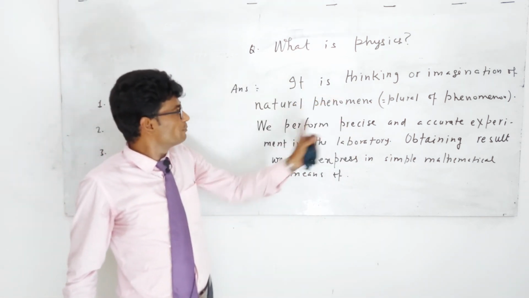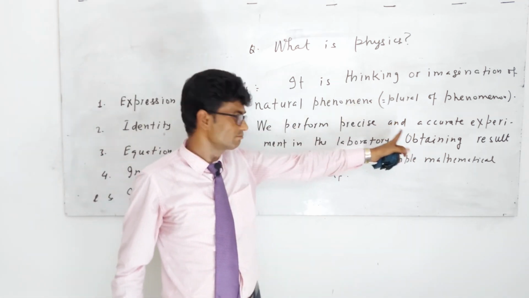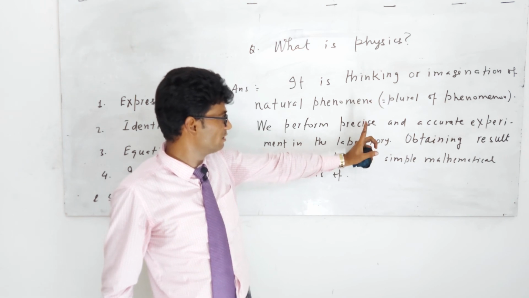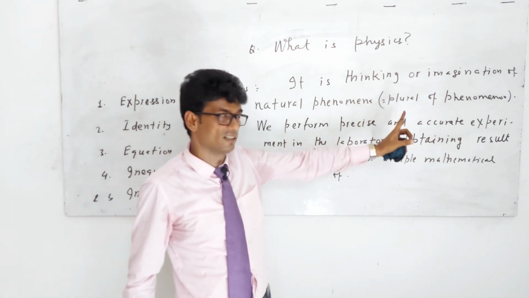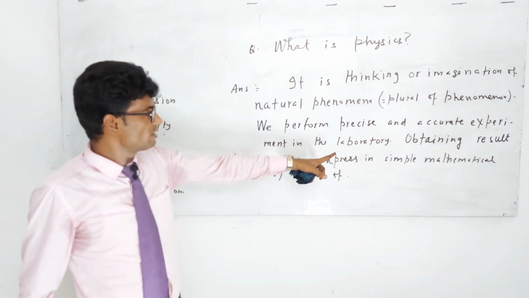So thinking or imagination. Okay, we perform precise and accurate. We will discuss in the next class what are the meaning of precise and accurate, or subtle experiment, you may say, in the laboratory.